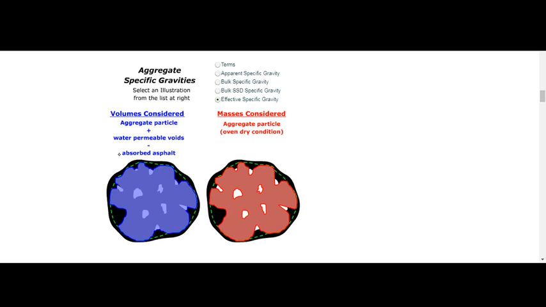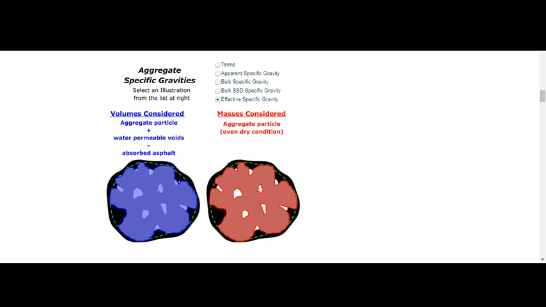But when we deduct the absorbed asphalt, that is the blackish portion within these pores, from the water permeable voids, this will result in only the remaining voids within the permeable pores after the asphalt has been filled.